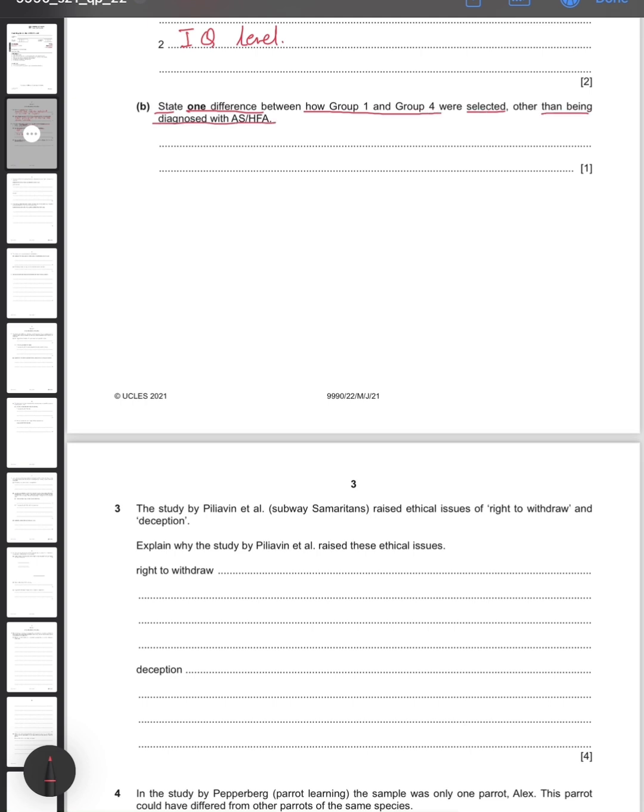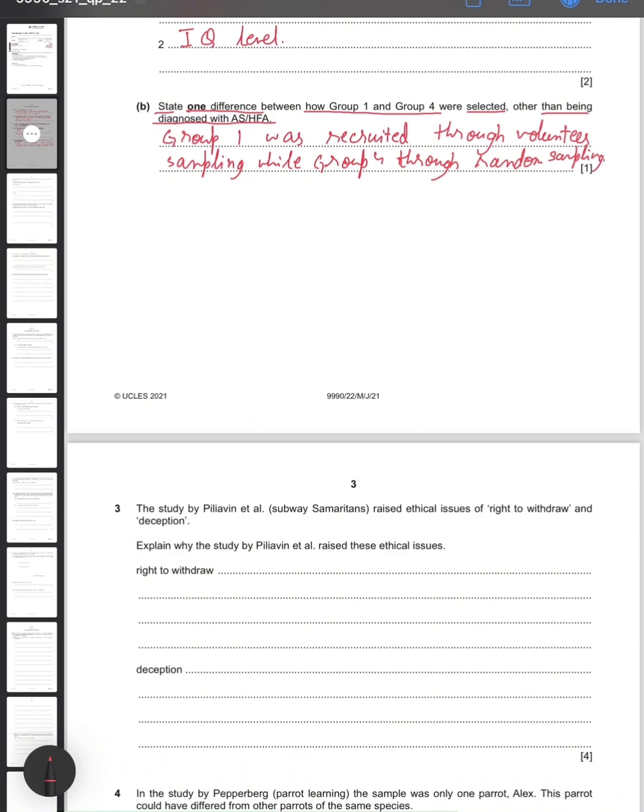So one difference was that group 1 was recruited through volunteer sampling, while group 4 was recruited through random sampling.